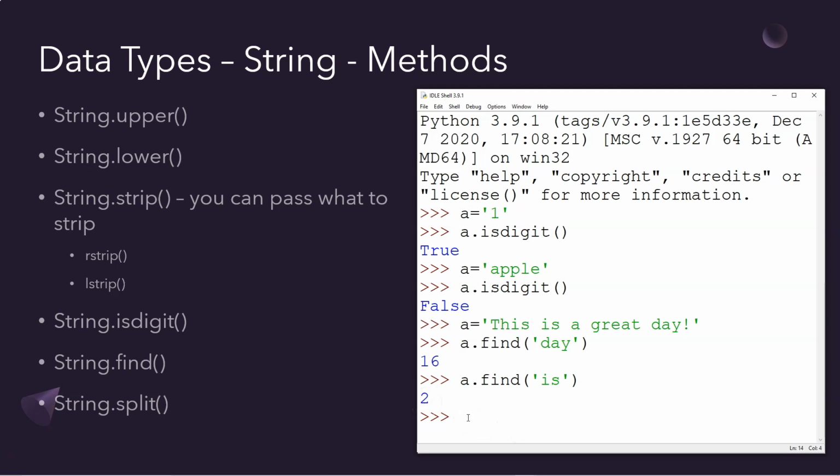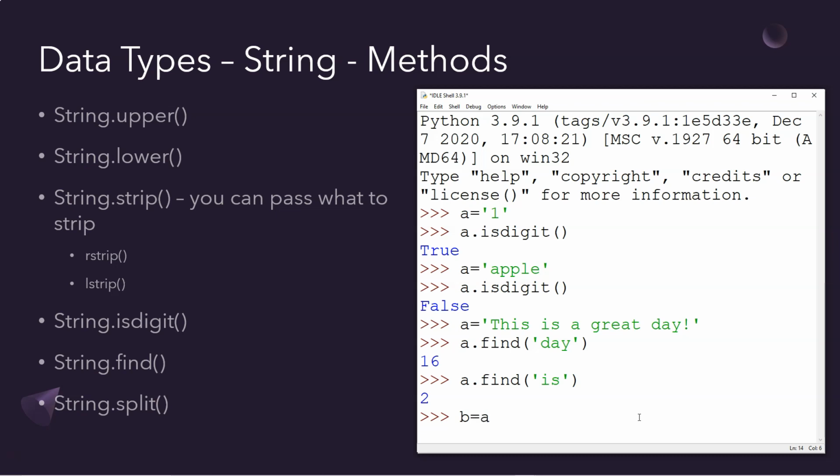Now, there is another function which we want to cover, called split. Taking the same example, we have this is a great day. It's a combination of 5 words. What if I want to split it into different words? Let's say I want to split it and put it in a different variable.